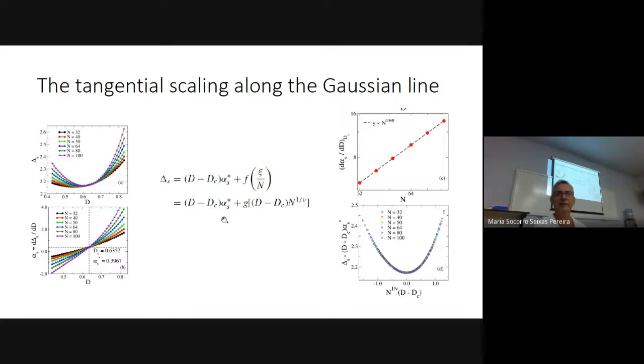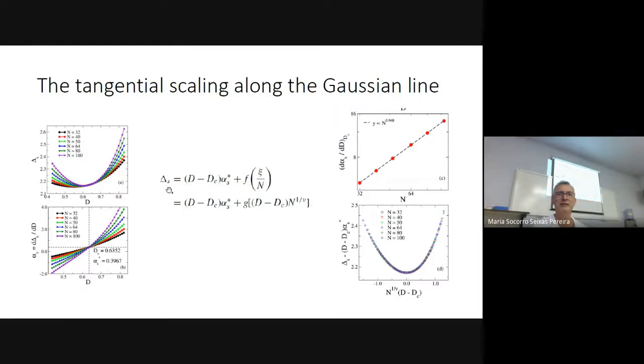And if you look at this scaling form, it will give you twice the inverse of the correlation length exponent. And when we plot this slope at the critical point as a function of the system size, this will give us a power law from which we can extract, with high accuracy, this correlation length critical exponent.